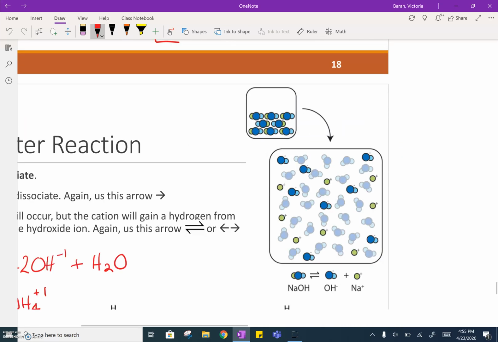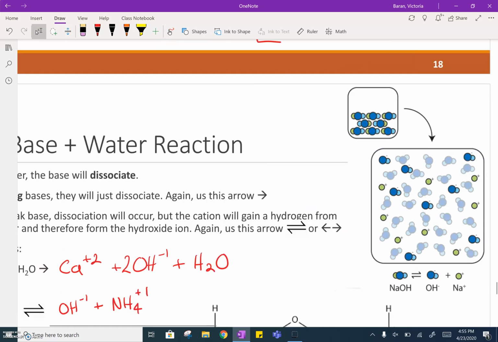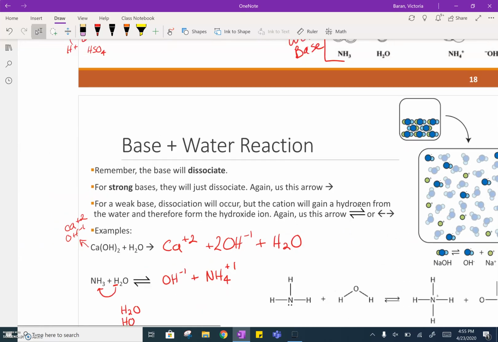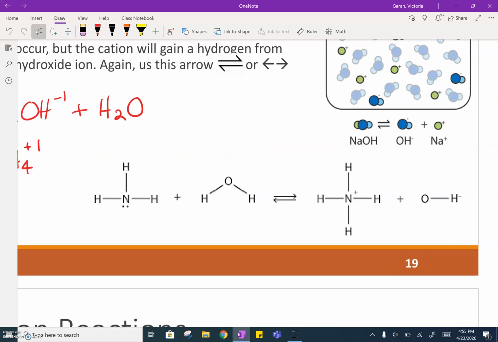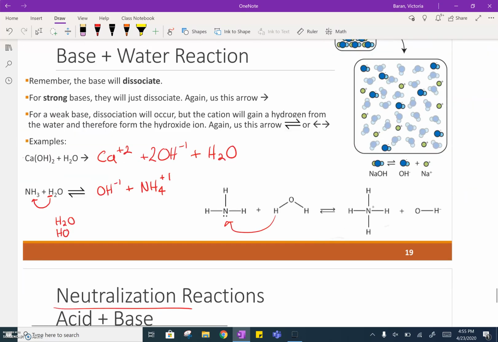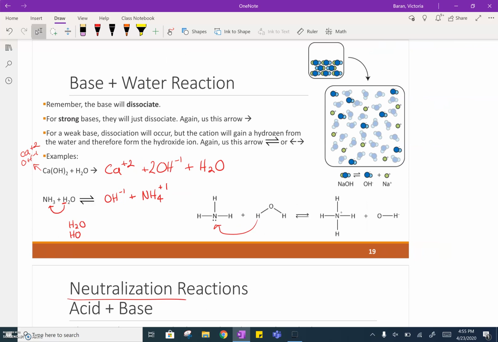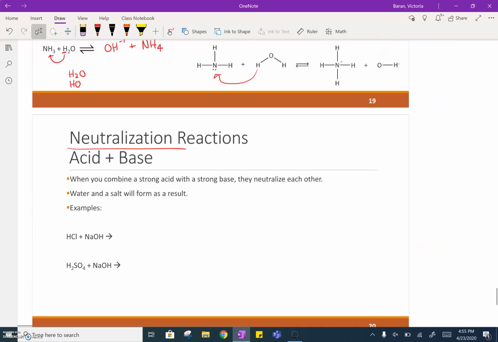Versus our strong bases, they simply just disassociate, and you have to make sure you write the water. And then this, of course, is another representation, a Lewis dot structure representation, if you guys remember that. Again, that hydrogen from the water will become part of that base, and that's how we get our OH. So those are base and water reactions.